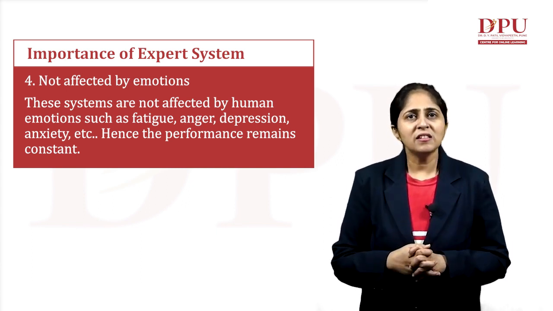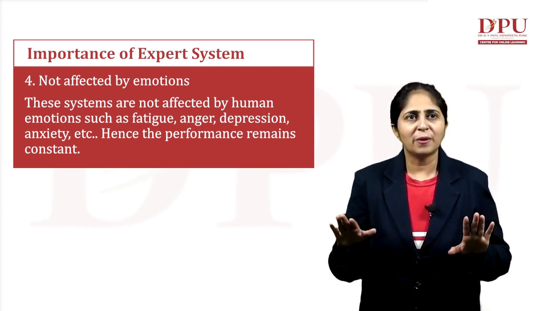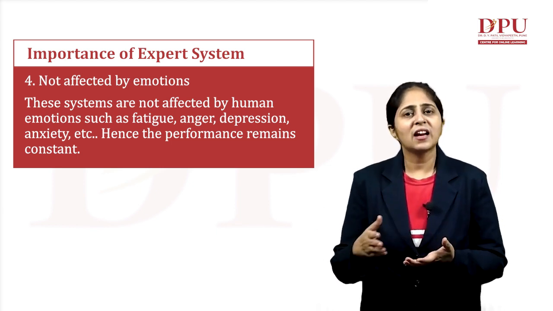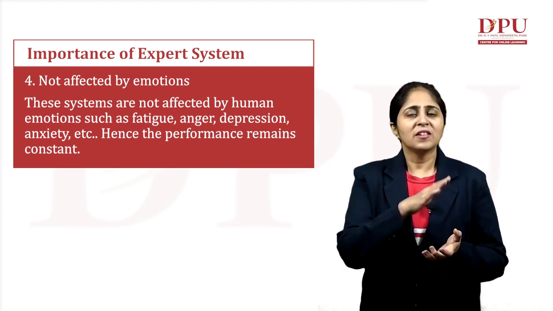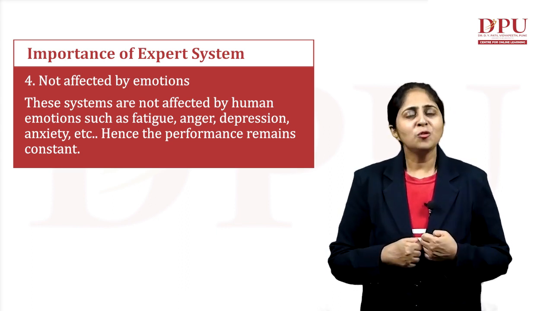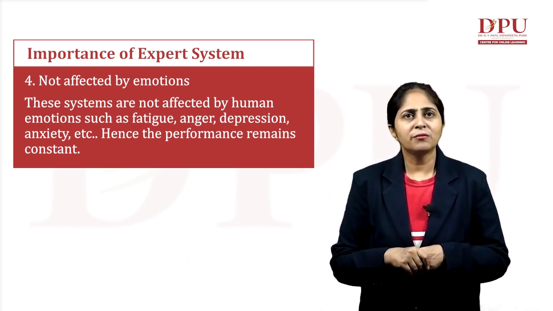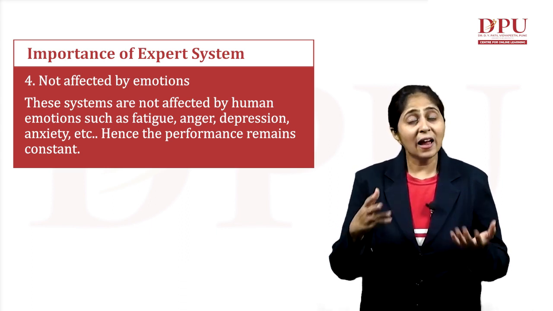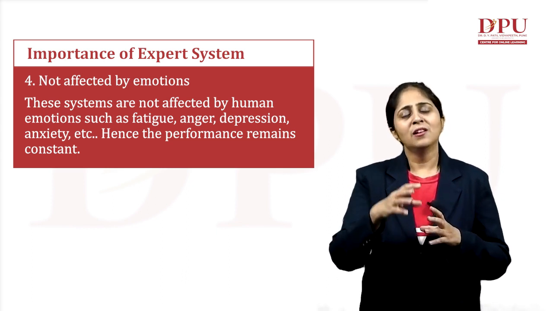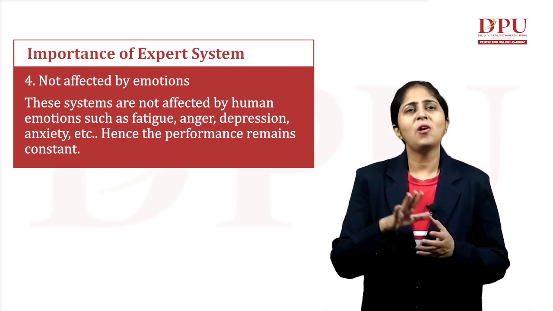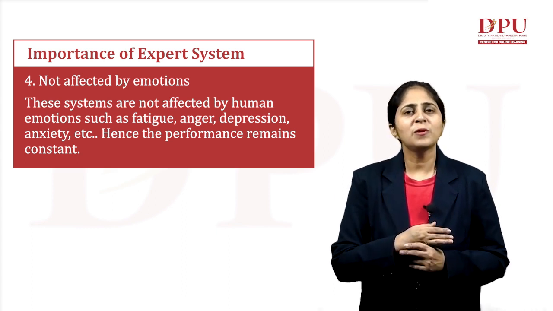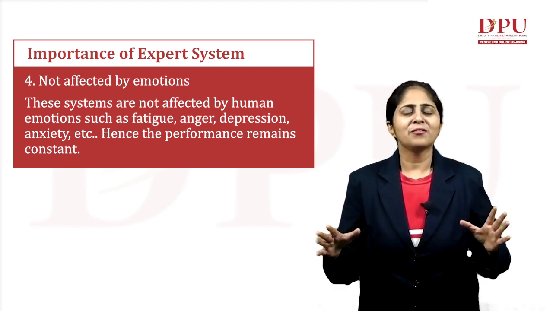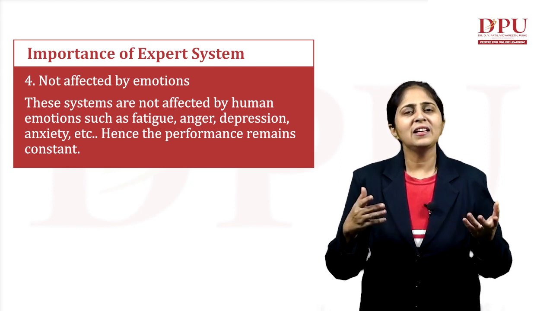When we talk about these systems, they are not affected by human emotions like fatigue, anger, depression, anxiety, etc. Hence the performance remains constant. We as humans, though a person is an expert in the field, at some point of time he may suffer some form of anxiety, some form of anger, and will not be able to provide the correct output at all times. While when we talk about these expert systems, their performance remains constant. They do not get affected by any kind of emotion.